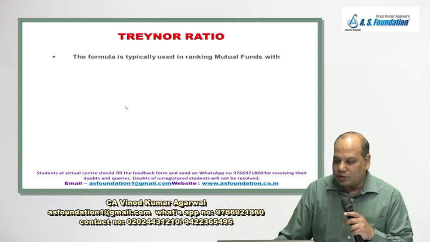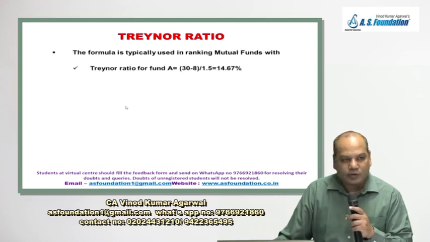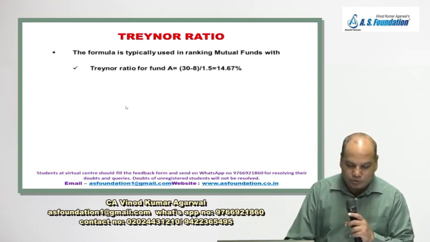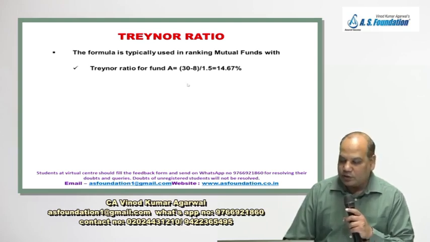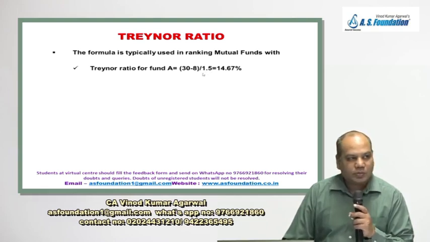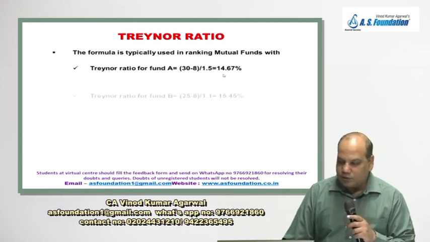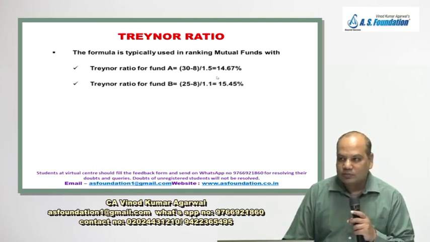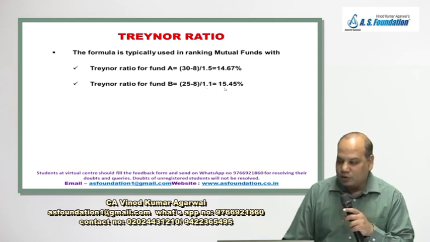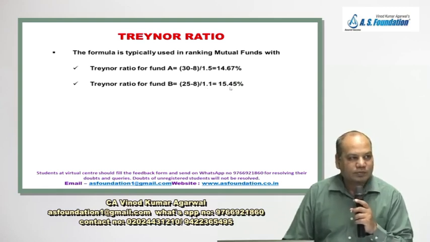So calculate the Treynor ratio for Fund A. In Sharpe ratio we have given return is 30%, risk-free return is 8%, and Treynor ratio says beta is 1.5. Calculate. Is it 14.67% for Fund A? Say yes. B, 25 minus 8 divided by 1.1, 15.45.